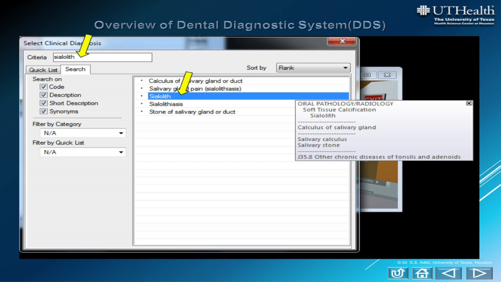If suspicious, sialography, ultrasound sonography, or other diagnostic imaging might be necessary to make the proper diagnosis. Since this lesion was found incidentally and no inflammation or pain is involved with this patient's condition, sialolith could be selected in this particular case.